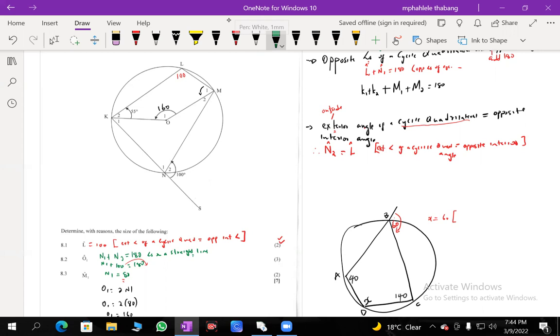You are saying all angles in this quadrilateral should add up to 360.